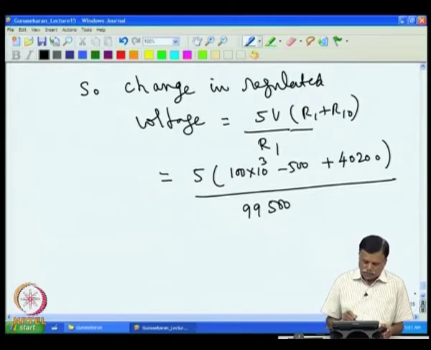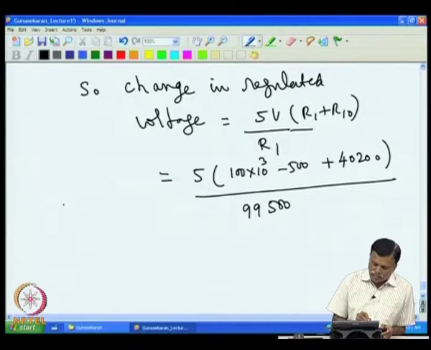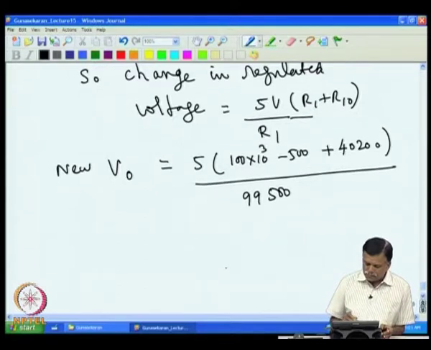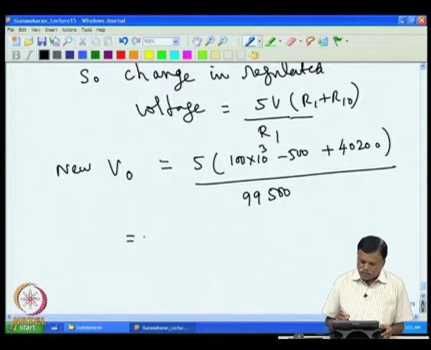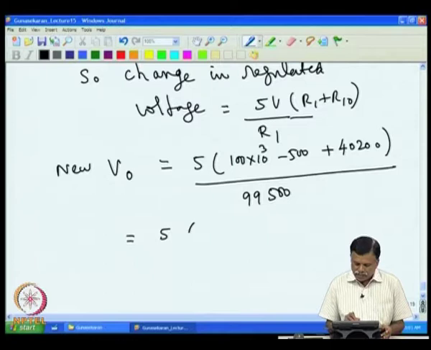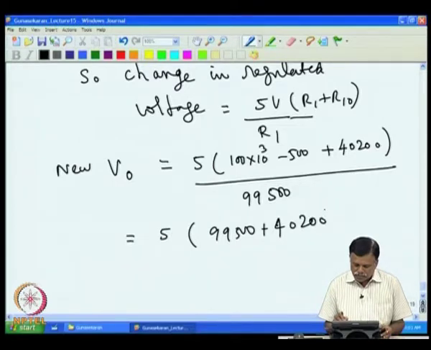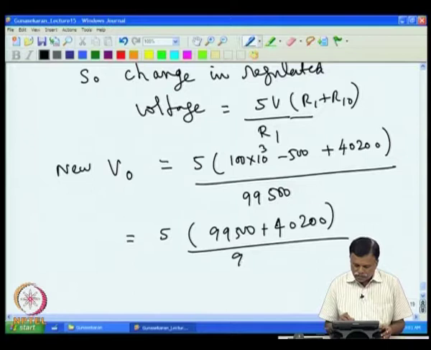That is the new output voltage, new V0. If you simplify, you get 99,500 plus 40,200 divided by 99,500.